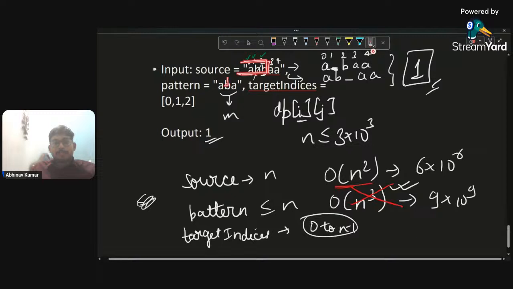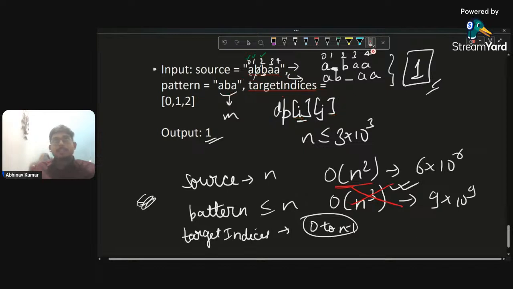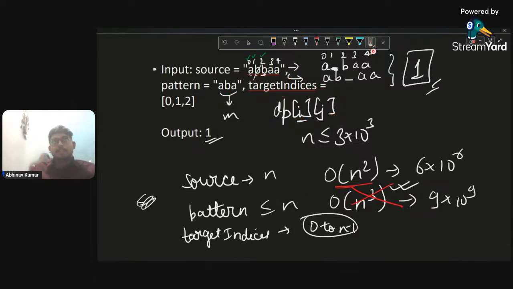And j denotes the index in the pattern. So j is the index of pattern, i is the index of source. That's the most general state that we take if we have two things, one denoting the index of the first thing, another denoting the index of the second thing. Let's try this state and check if we can write the transition for that.